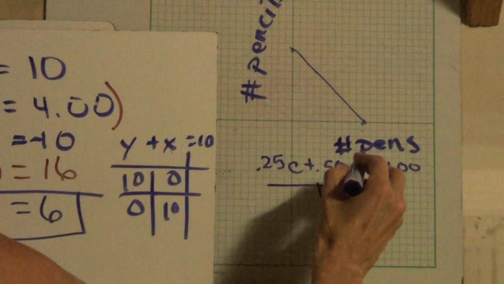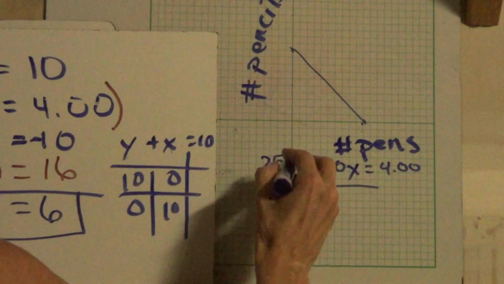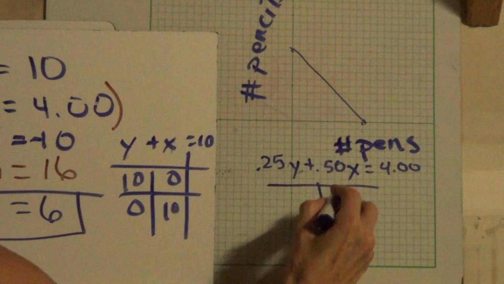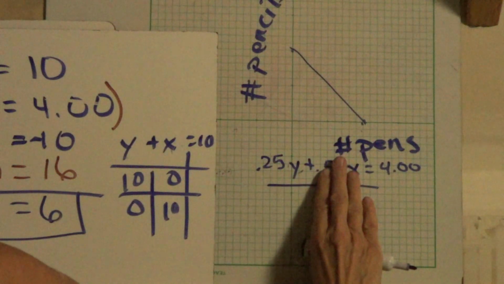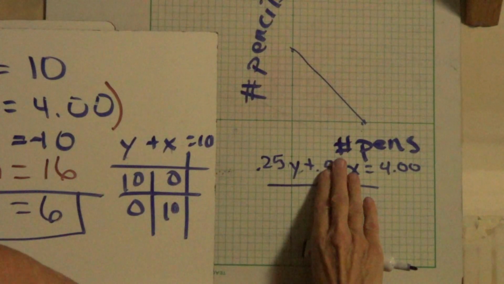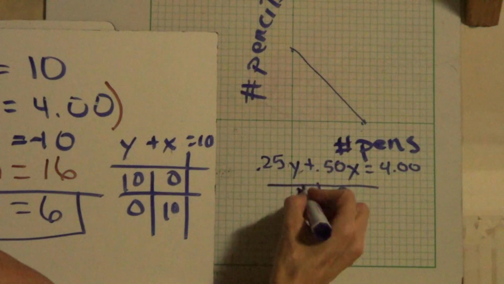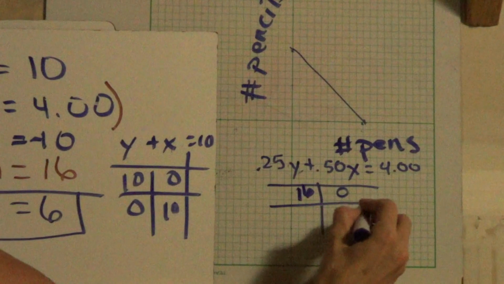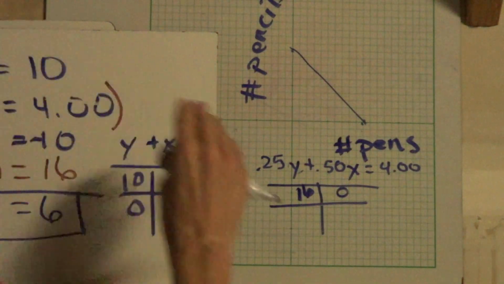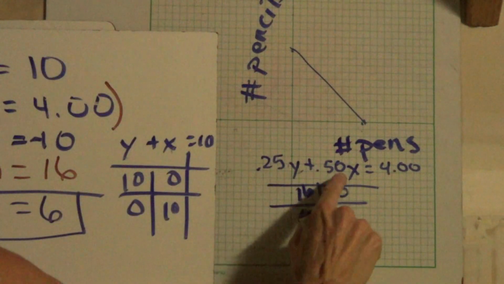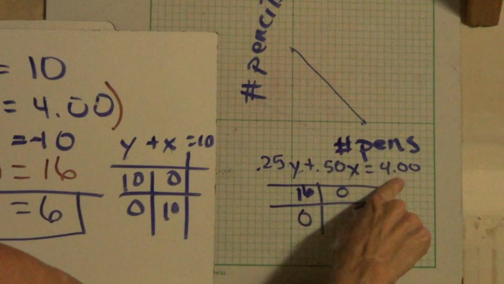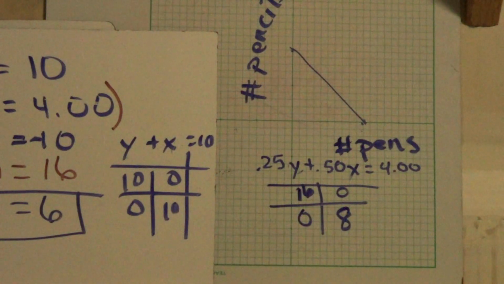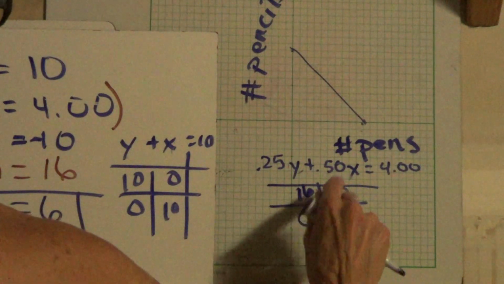Now the pens is X, pencils is Y. So if I have 0 pens, how many pencils would it take? How many quarters in $4? If you say 16, absolutely right. Now, I get 0 pencils, and I'd say how many pens now? Well, 50 cents, there's 2 in $1, so there's 8 in $4. So I go 16, 0.